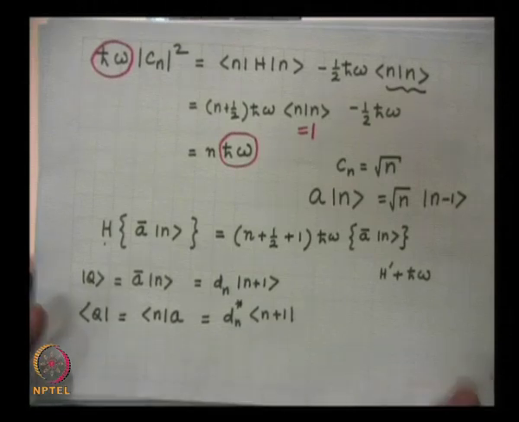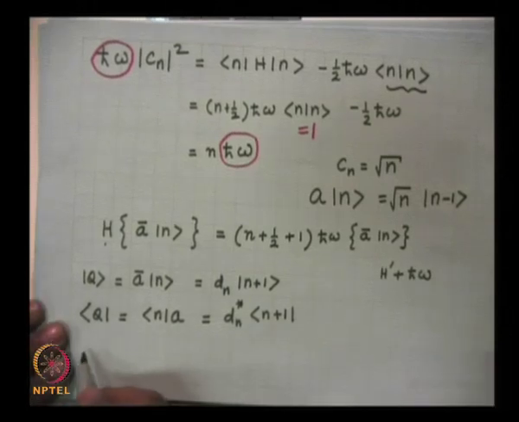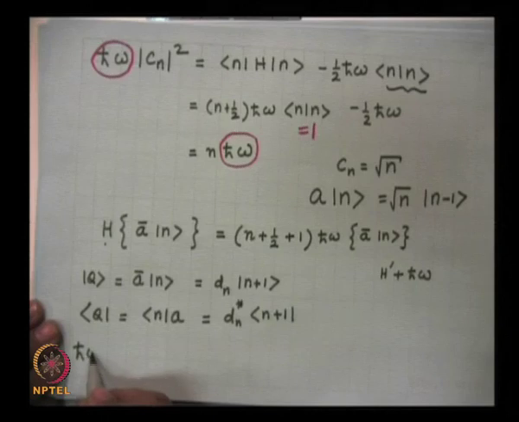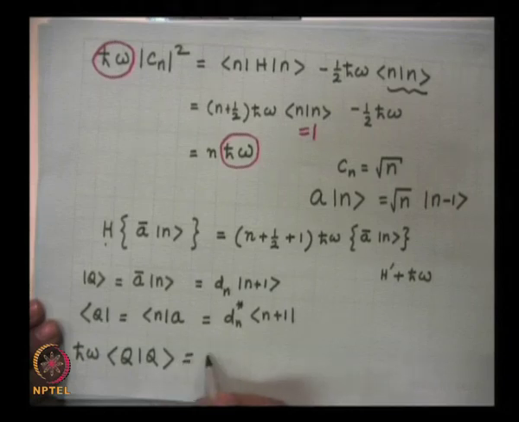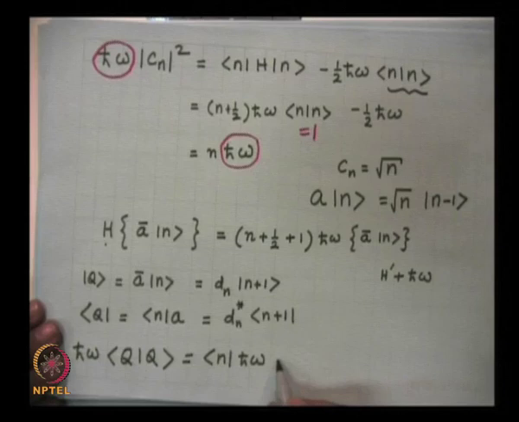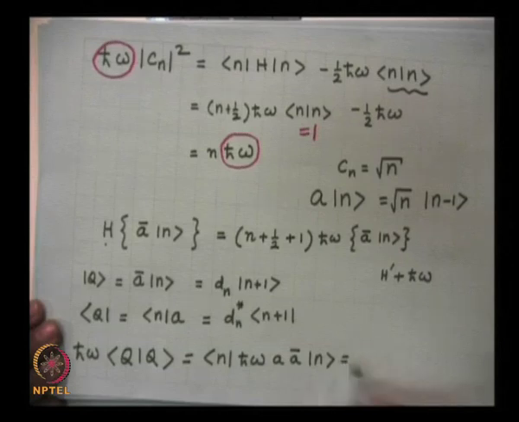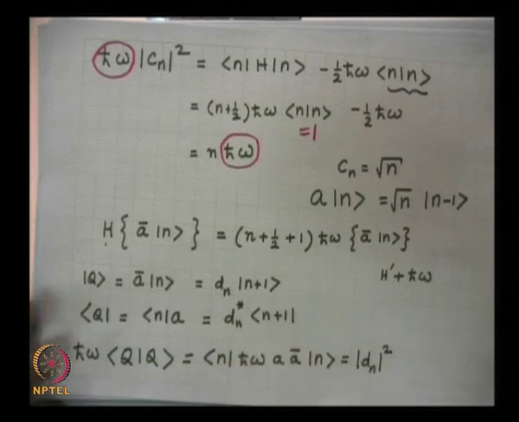And just as we did last time, if we now multiply h cross omega bra q ket q, this is equal to bra n h cross omega a bar ket n, this is equal to mod d n square bra n plus 1 ket n plus 1, that is 1.